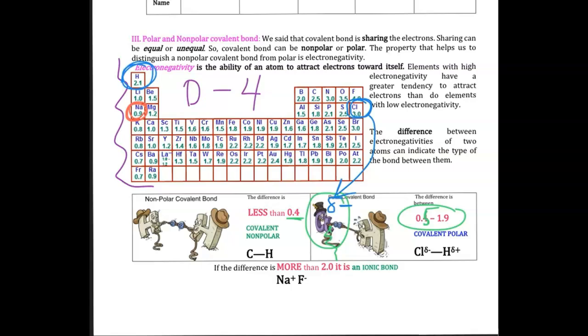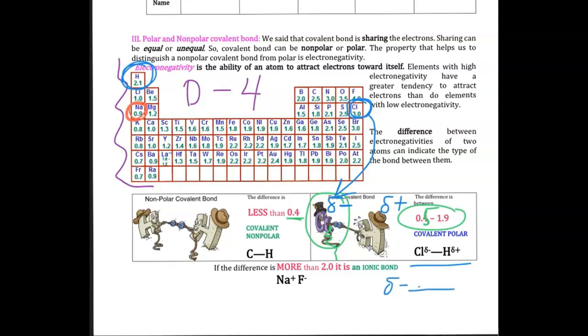No, they still share because it's a covalent bond, but the sharing is partial. Their charges are partial charges, and we will use the letter delta, delta negative or delta positive.